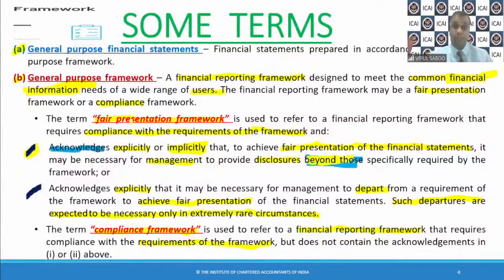An extreme presentation where the framework requires to comply with its requirements only, that is called compliance framework. So general purpose framework has a fair presentation framework and compliance framework. So, kind of some basic terms.